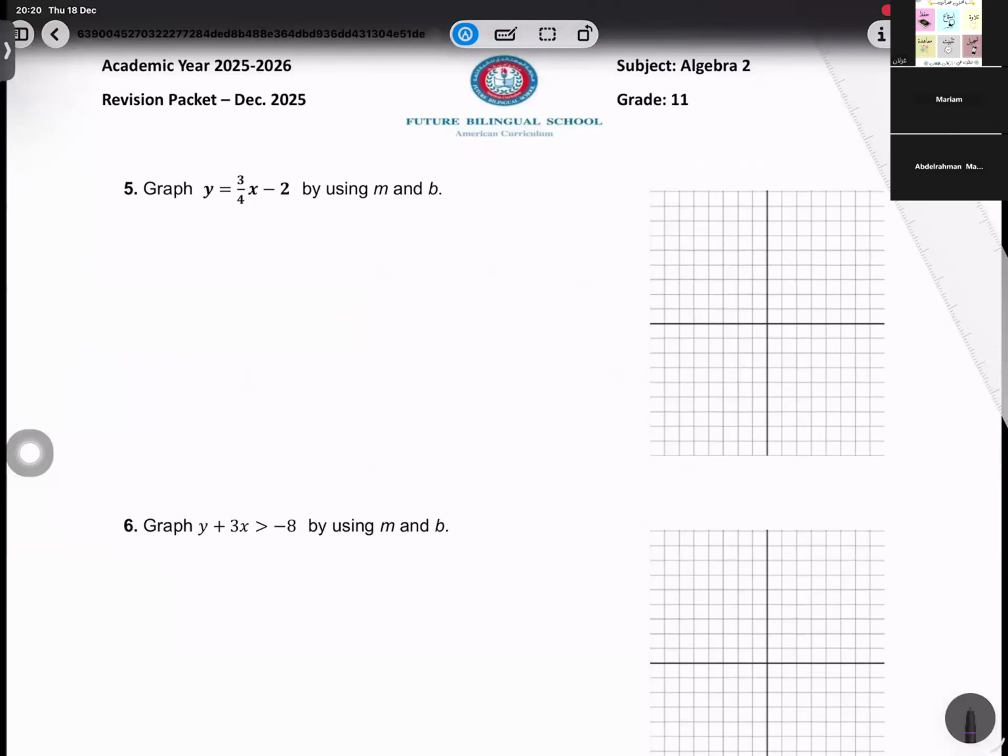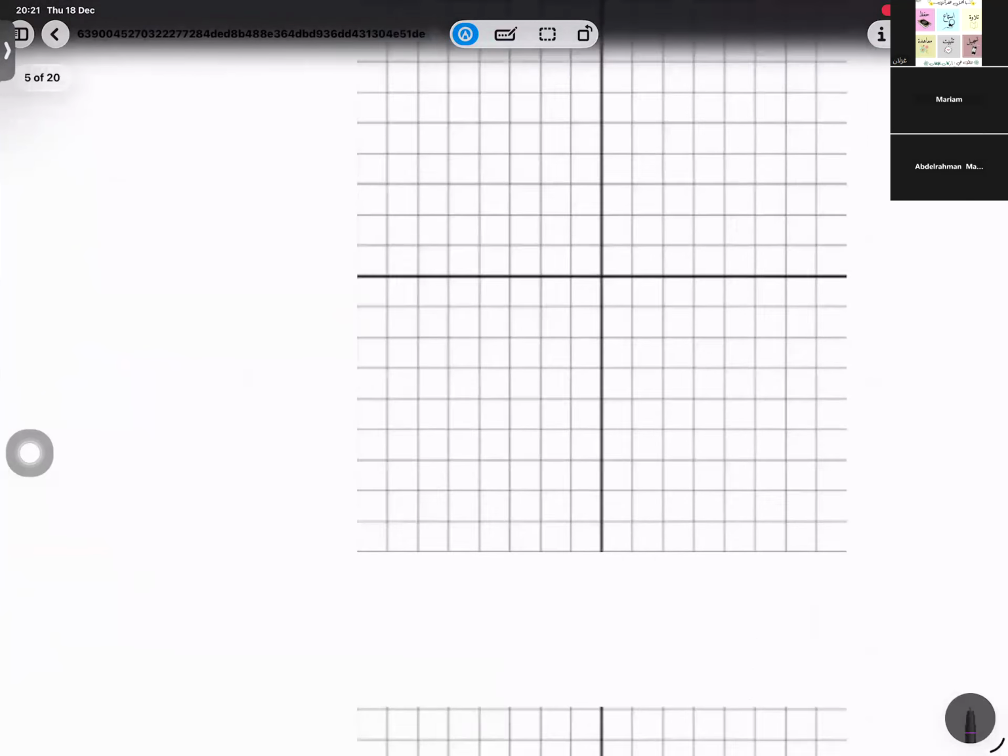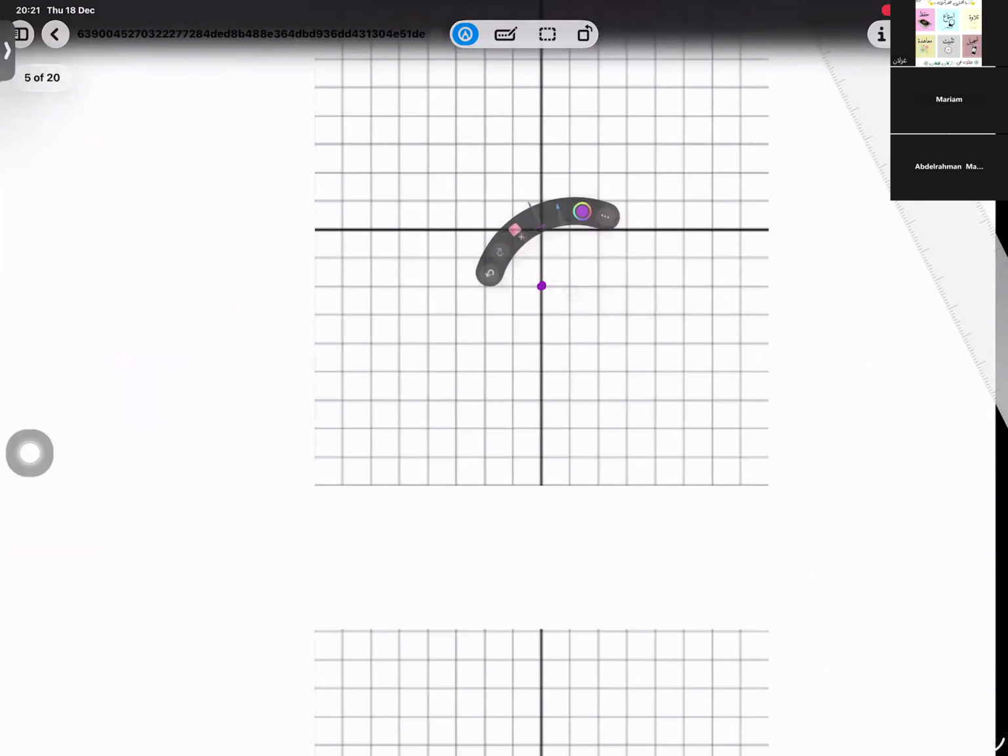So instead of a fraction, you do rise over run. Excellent. Don't forget, before you start, not at zero. Do you remember where we start? At negative 2 on the y-axis. Excellent. That's b and m.